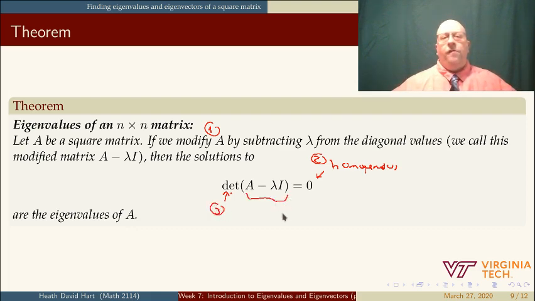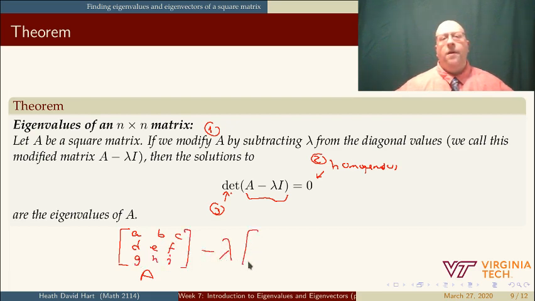This is a formal notation for the modification we're talking about. If I start with the matrix A, minus lambda times I, which is the name for the identity matrix. We've seen that before, it was on homework 6.